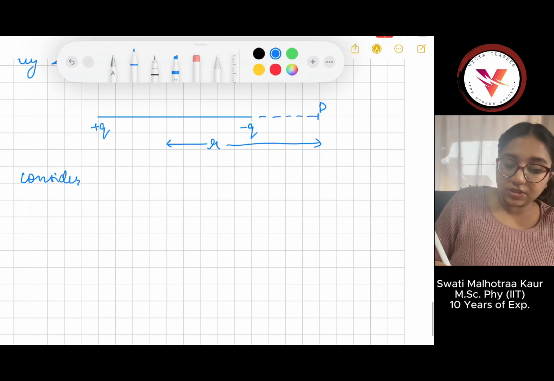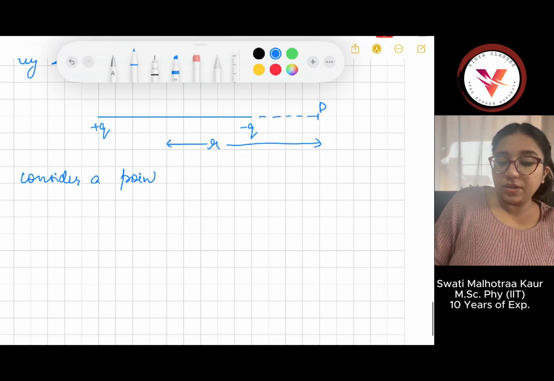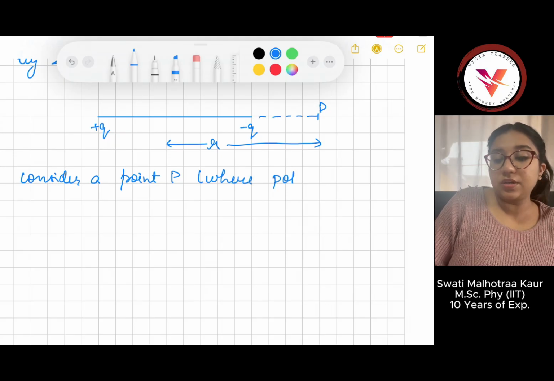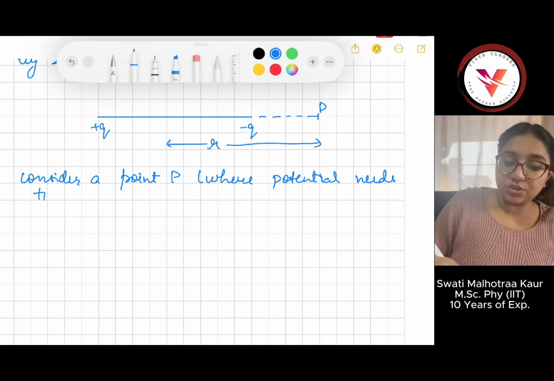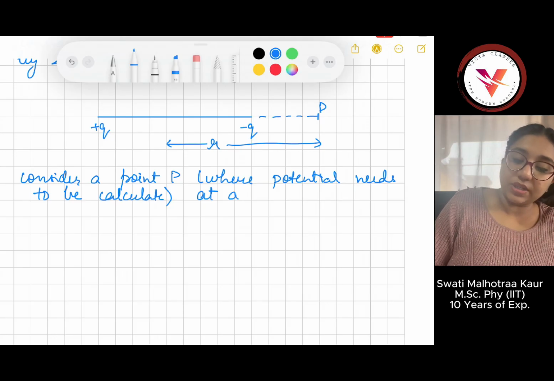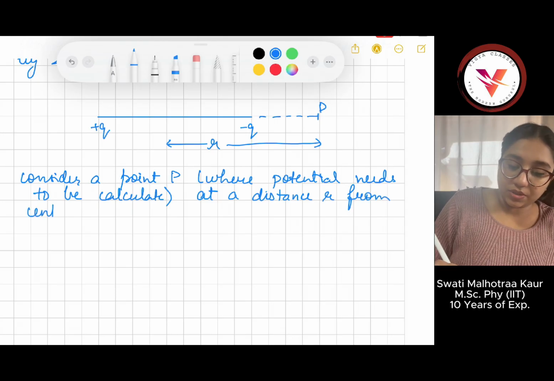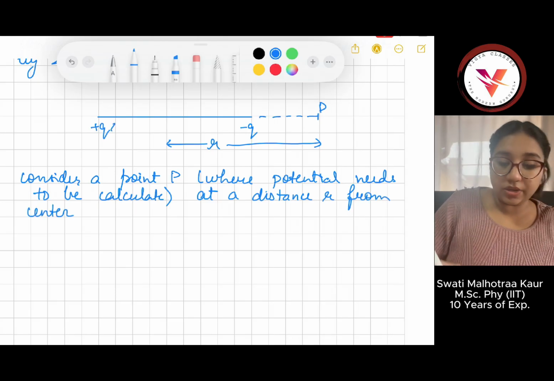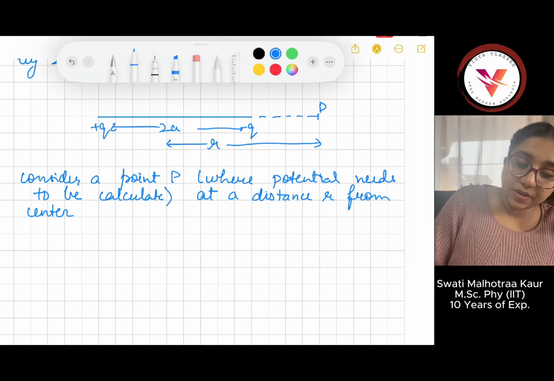So consider a point P where potential needs to be calculated, at a distance r from center.